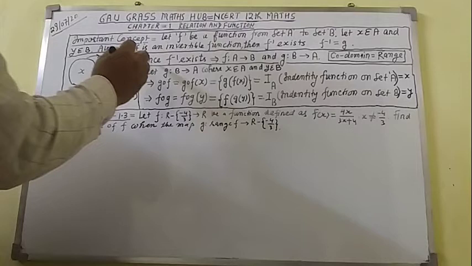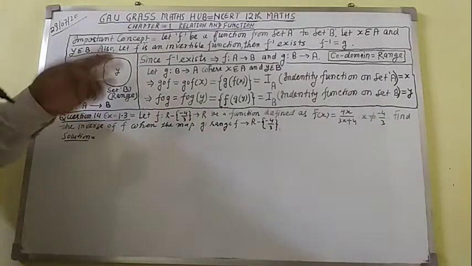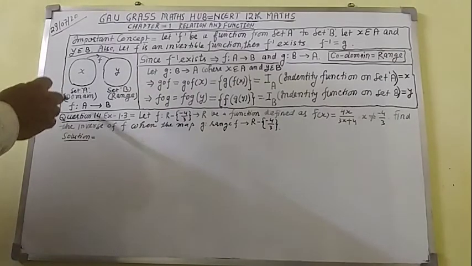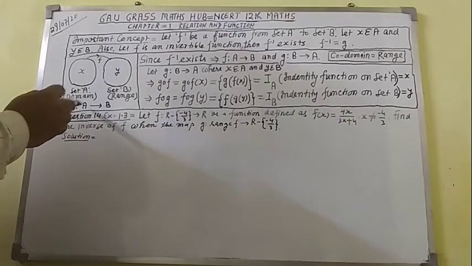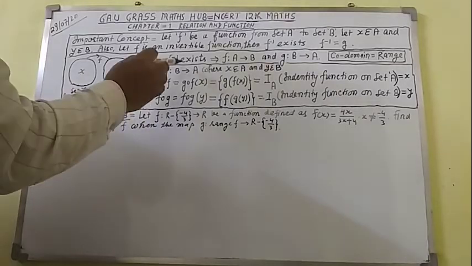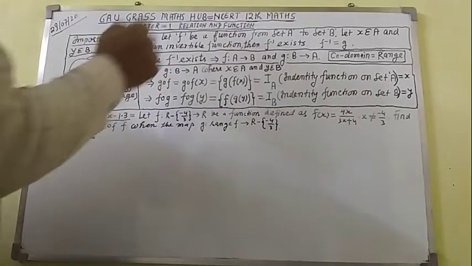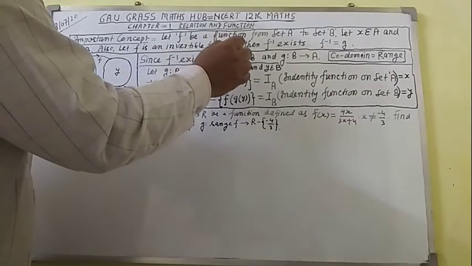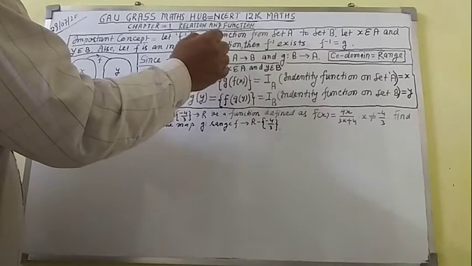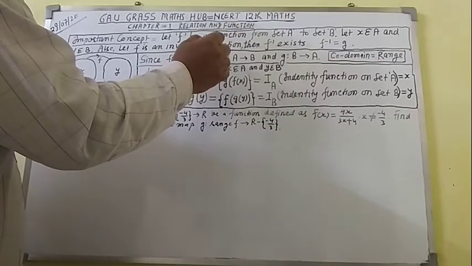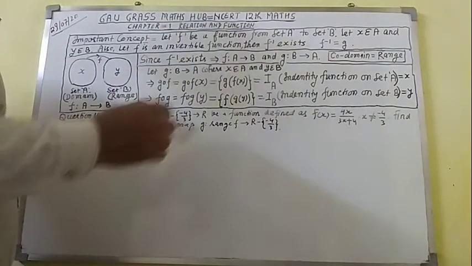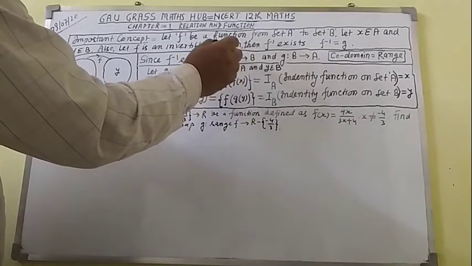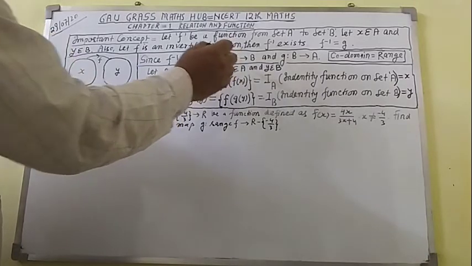Now, since f inverse exists, earlier f is a function from set A to set B. Since f inverse exists, the inverse of this statement will be f. The inverse of f will be g, and set A and set B will be mutually interchanged.